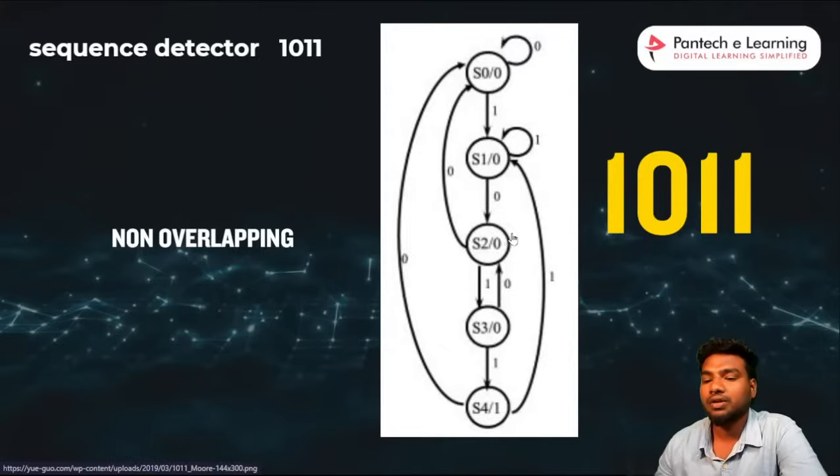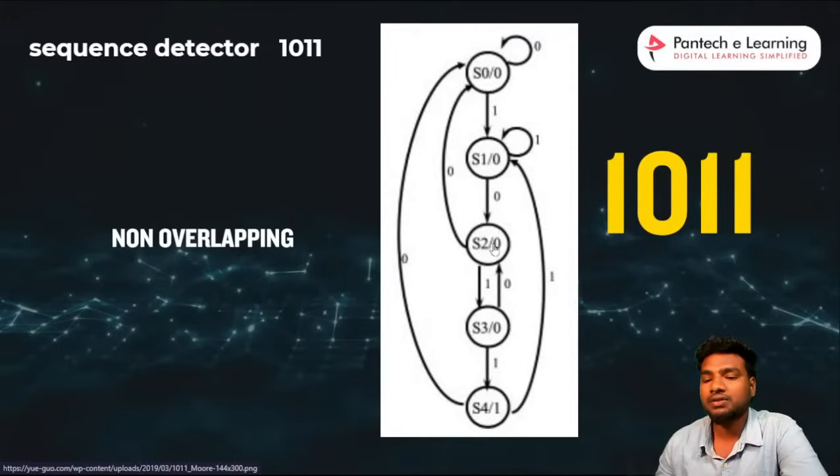That is the reason it will go to the initial state, to start again from the beginning. If I give the same state for S2, it will kill my sequence. If the input is 1, it will move to this state.